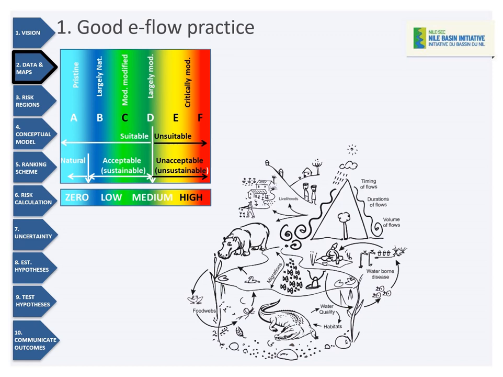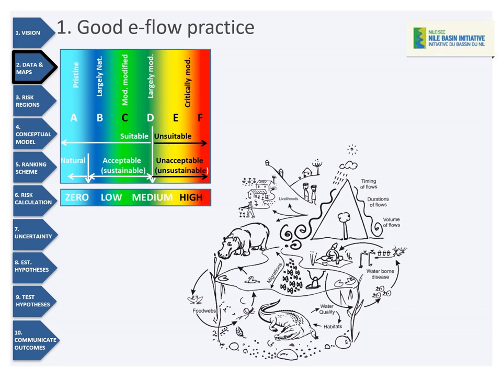We refer, in a regional scaled ecological risk assessment context, to the requirement of establishing a ranking scheme where you can convert the attributes, identify the attributes of the ecosystem, whether they be ecological attributes or social attributes, and represent the state of that attribute in a zero, low, medium, or high potential state in the context of risk. So this would be that there would be no risk to that endpoint, or high risk to that particular attribute or endpoint, and that would often relate to an ecosystem being in a critically modified condition.